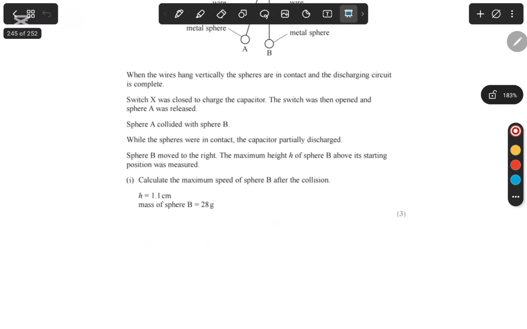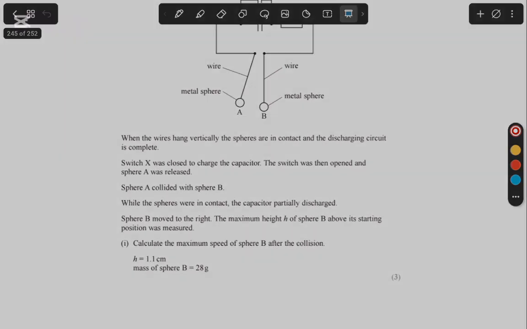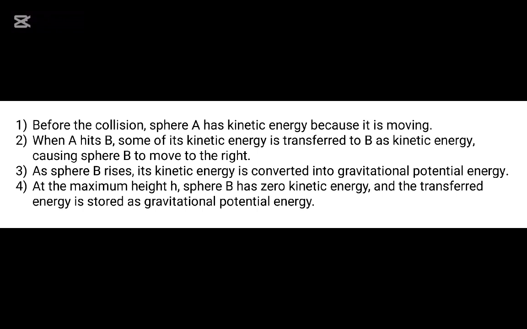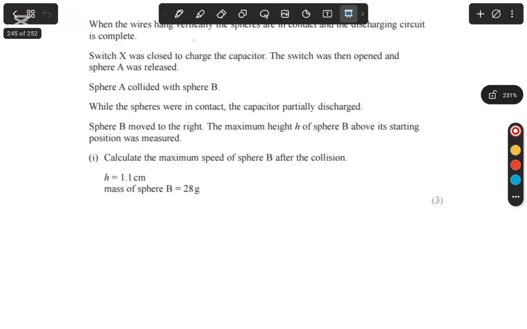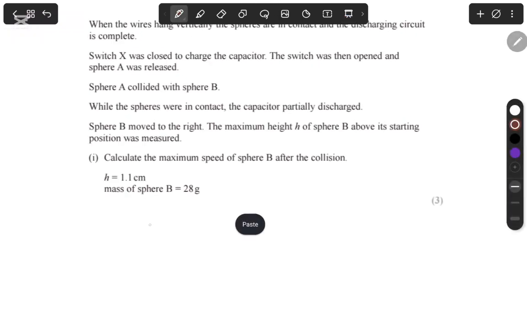Okay, so we have to calculate the maximum speed of sphere B after the collision. Now, what we can use here, we can say that the kinetic energy lost is going to be equal to the gain in gravitational potential energy.